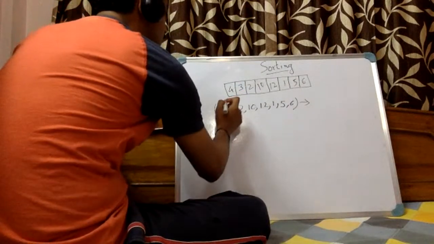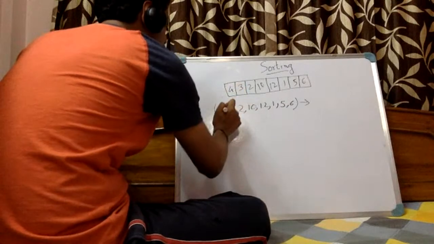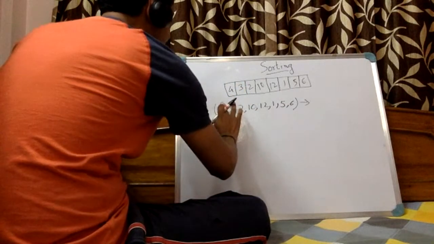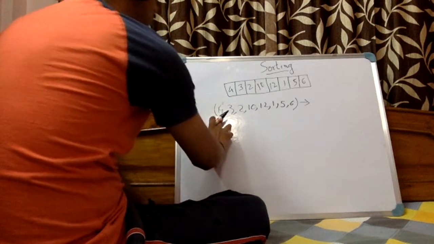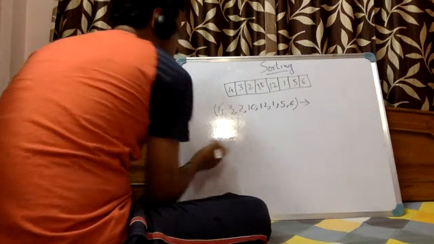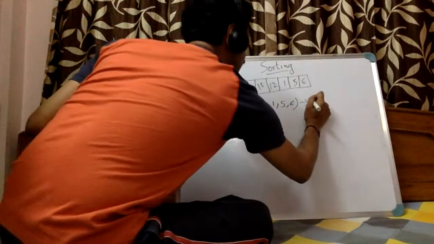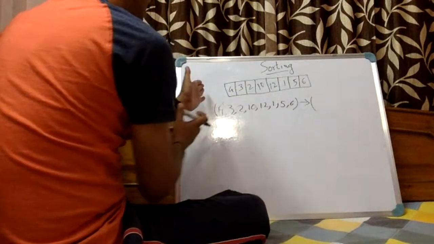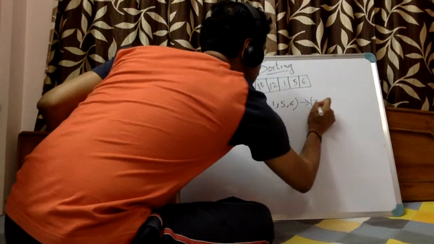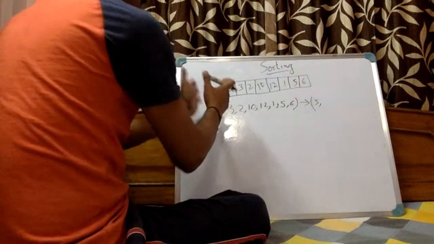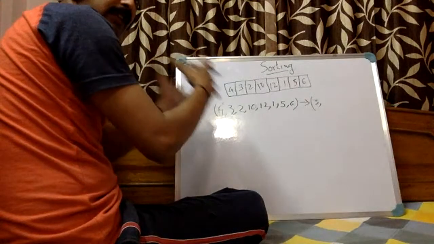So if we start from the first number, what will happen? There is a comparison between these two, 4 and 3, and what will be the result? As you can see, the number 3 is less than 4. Okay, by the way, we are doing this in ascending order.